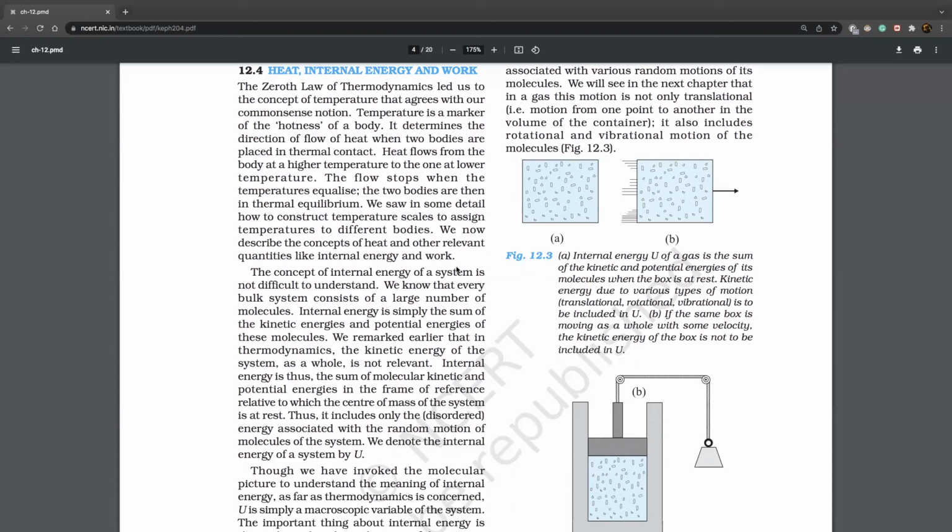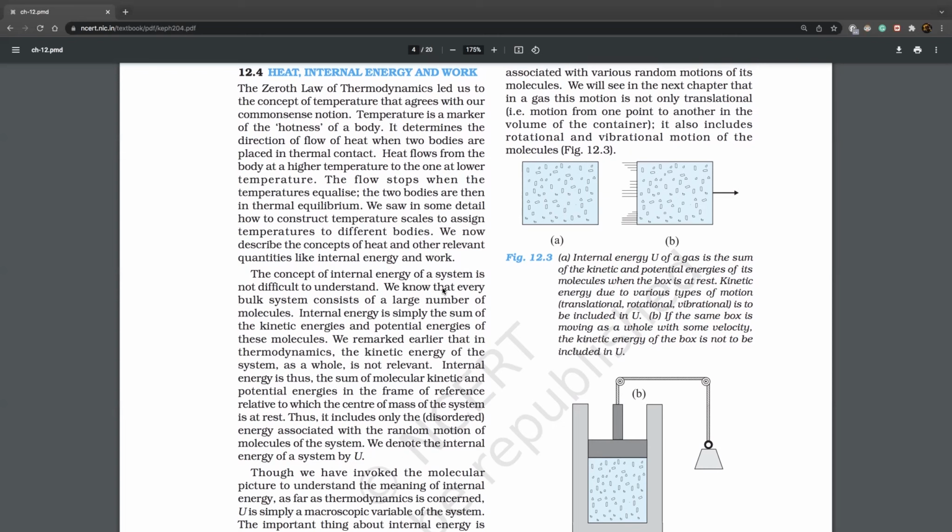Usually in this chapter, we will be dealing with gases, especially ideal gases. That's again why I said there's usually not much potential energy, because one of the postulates of an ideal gas is that there's no attraction between its molecules. So therefore, there's no potential energy.